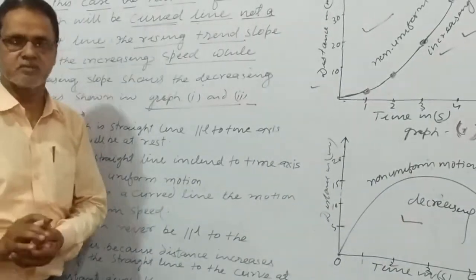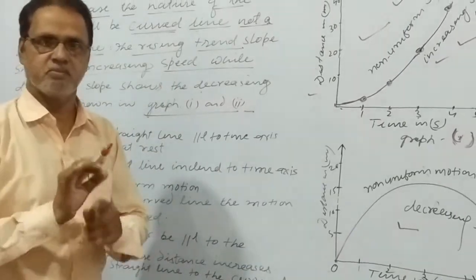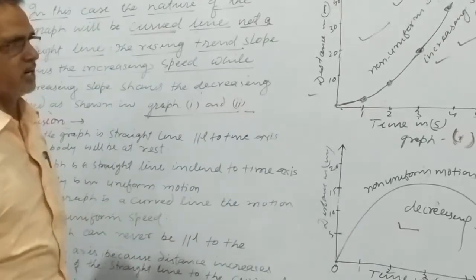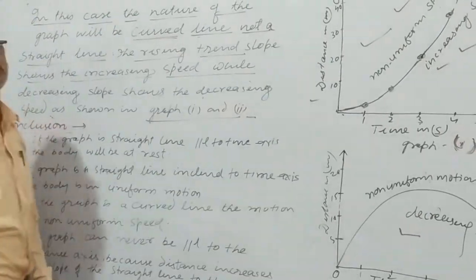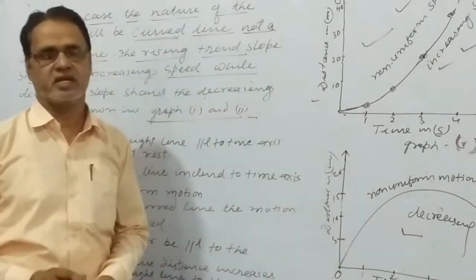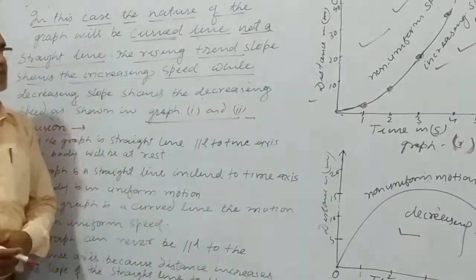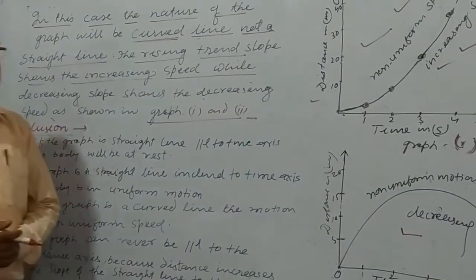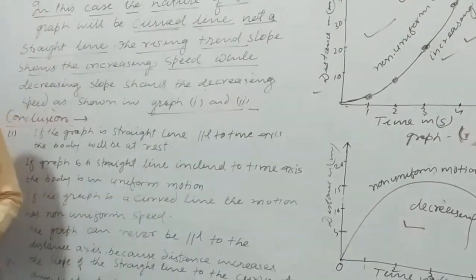The nature of the graph will be a curved line. कैसा line होगा? Curved. Curved means टेढ़ा मेढ़ा. Understanding? Not a straight line. And increasing slope shows the increasing speed, and decreasing slope shows the decreasing speed. Understanding? In this step, we have described the 3 cases of distance time graph.